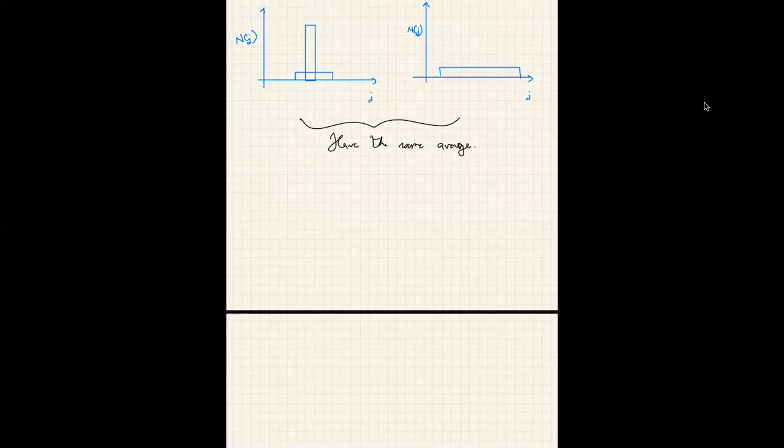So one way to quantify the spread is to look at this. In the first case, everybody is very close to the average, right? So let us say the peak is at like 25, and there are a few people with age, let us say 22, a few people with age say 27, but there are a lot of people with the age 25.